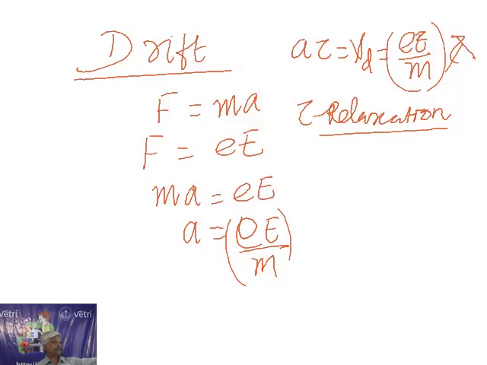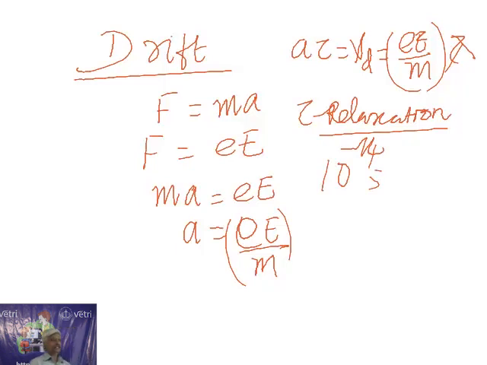This relaxation time, that is acceleration into time, will give velocity. Therefore, Vd is equal to eE by m into tau, where tau is called relaxation time. Relaxation time is very, very small. In most entrance examinations, if they ask the value of relaxation time, you can boldly put 10 power minus 14 seconds.